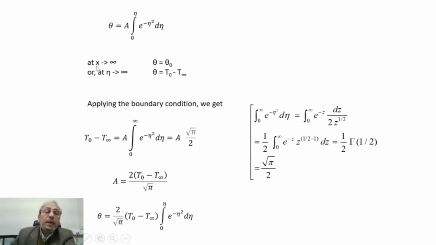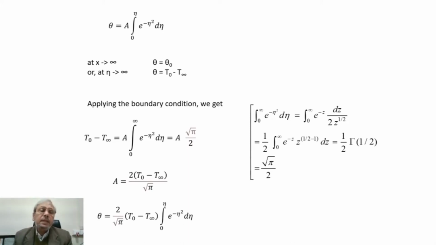So if x tends to infinity, θ will be θ0, because θ is defined by T minus T infinity, and T is T naught at x equal to infinity.